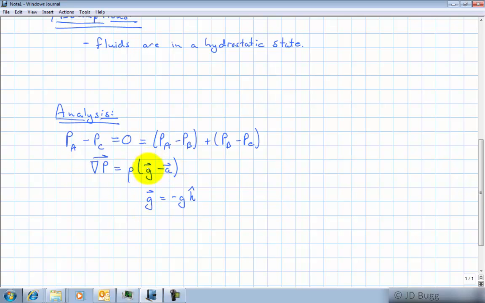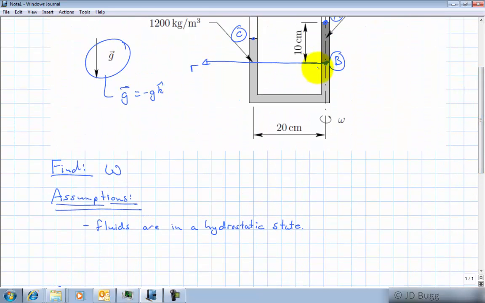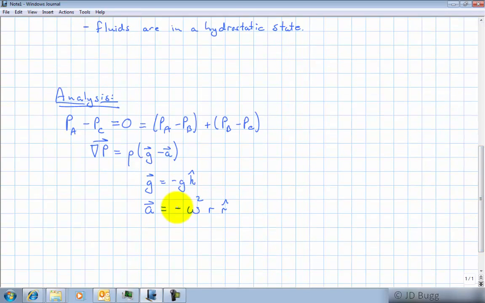So we've got our g for our coordinate system. Now in a rotating system like this, the acceleration is equal to minus omega squared r in the r hat direction. So r hat is a unit vector in the radial direction. And the acceleration of this fluid is always towards the axis of rotation, in the minus r hat direction, and its magnitude is minus omega squared r.